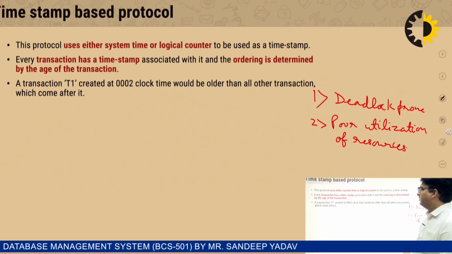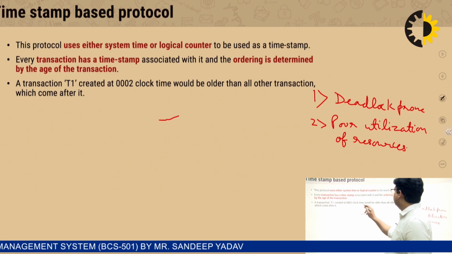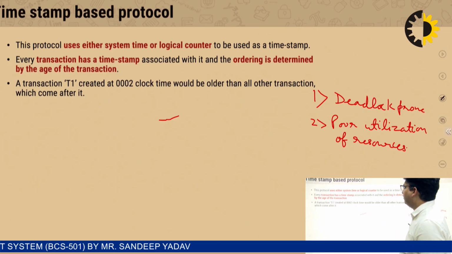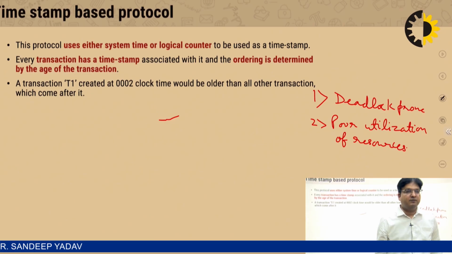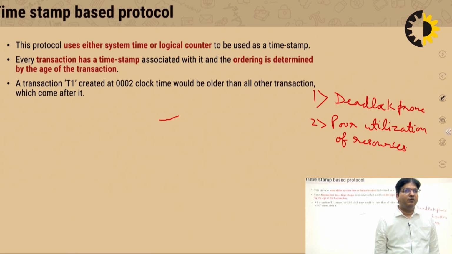Transaction T1 created at 2 o'clock would be older than all the transactions which come after it. Why? Because it was born earlier than the other transactions. So using the timestamp value, we can find out which transactions are younger and which are older, so that we can resolve the conflicts between the transactions when all of them are executing in parallel.